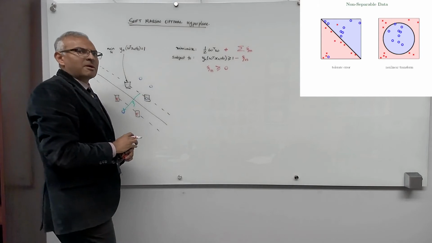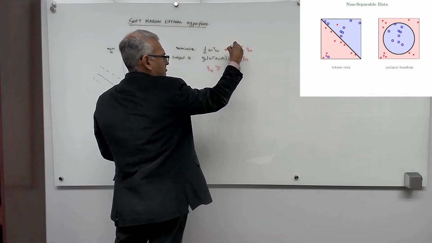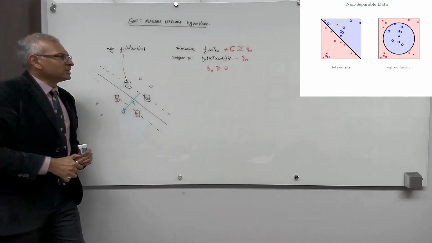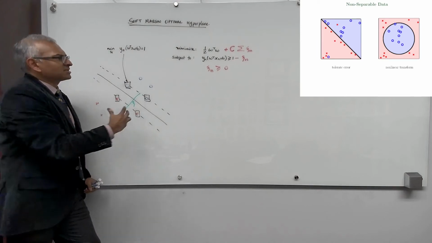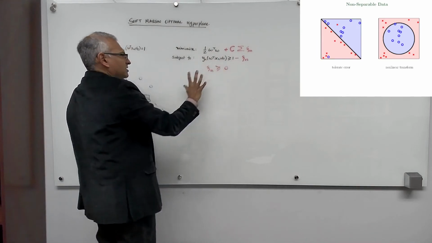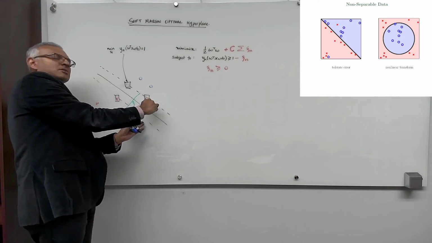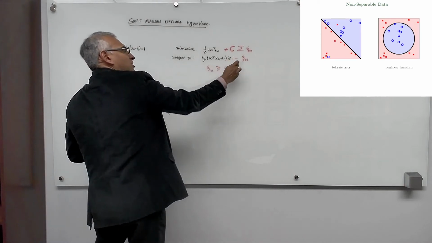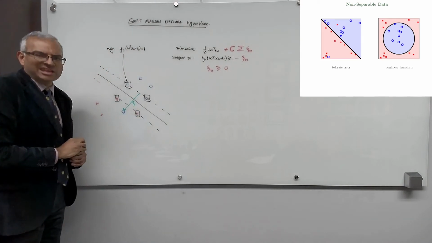The amount by which we penalize the penetrations, let's call it a constant C. So if I solve this optimization problem, what am I doing? I'm asking for the weights and the bias that separate the data with some thickness, but allow penetration of the cushion by a certain amount for each data point.